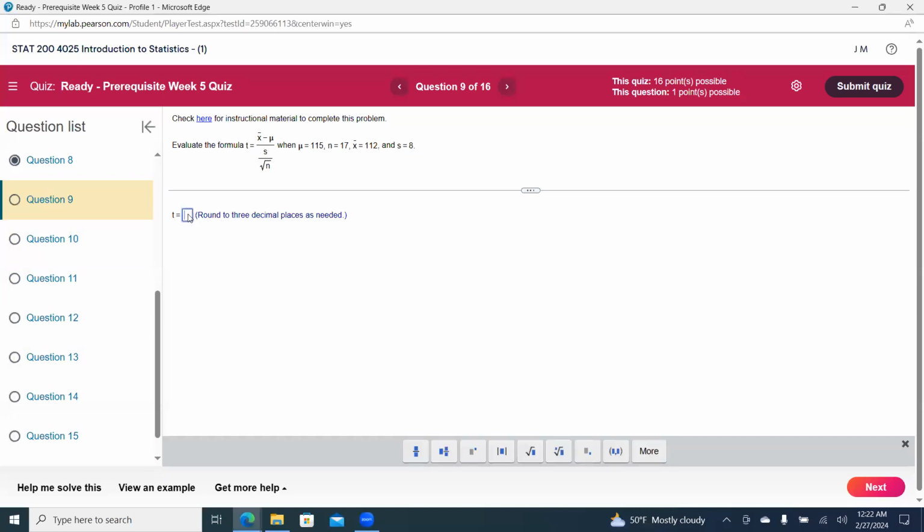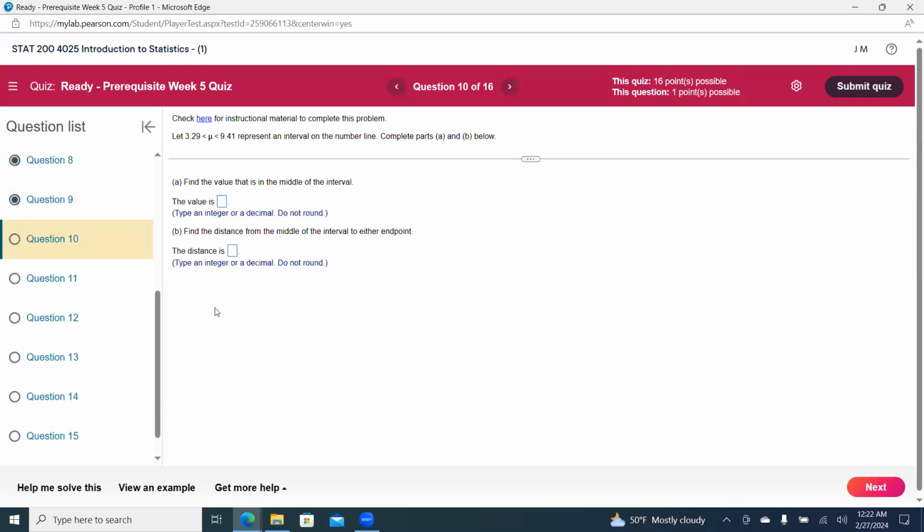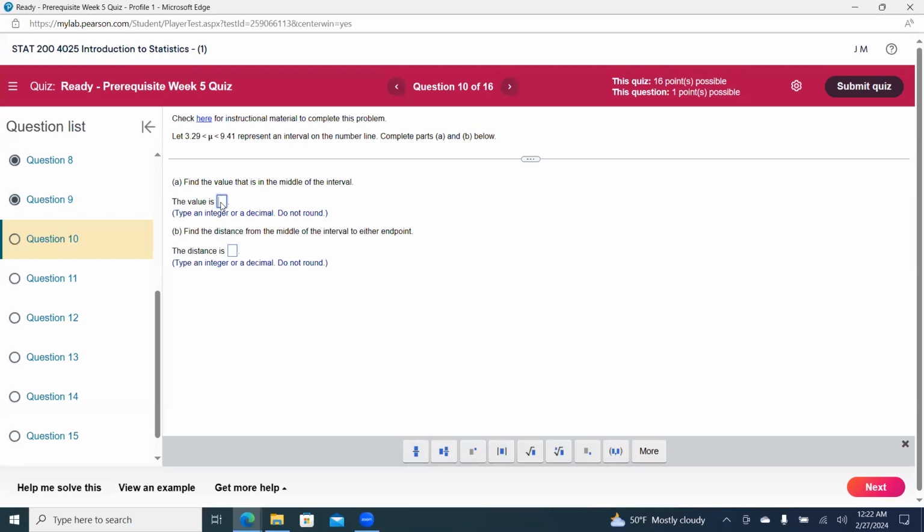Thing, so we don't always know what we're going to get here, but it's just basically plug this stuff in. So once again, it's going to be the middle.